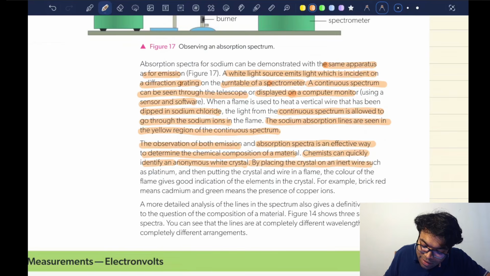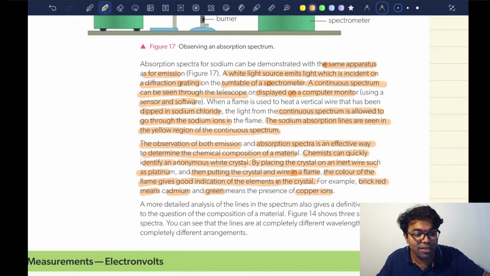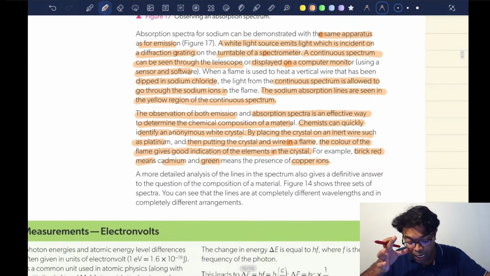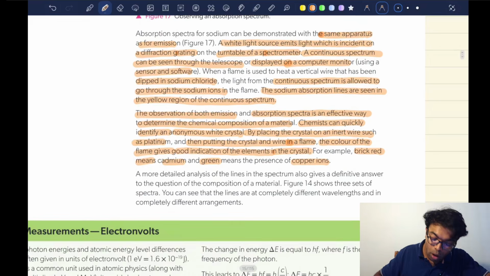By placing the crystal on an inert wire such as platinum and then putting that crystal and wire in a flame, the colors of the flame give a good indication of the elements in the crystal. For example, brick red means cadmium. Green means the presence of copper ions. Brick red is the color present on all the bricks that we have, and it indicates cadmium. Green color means copper.